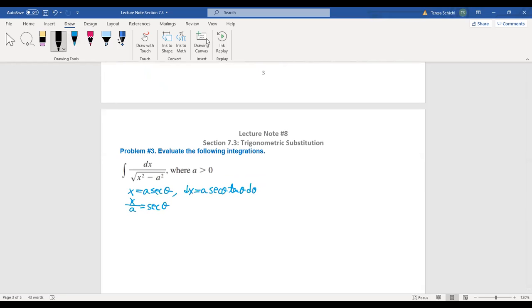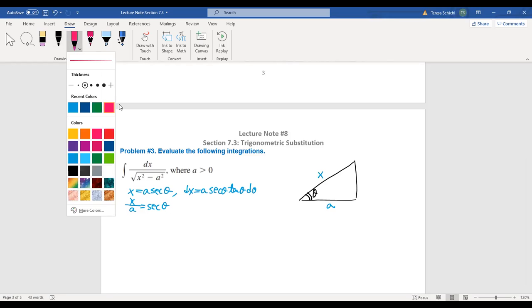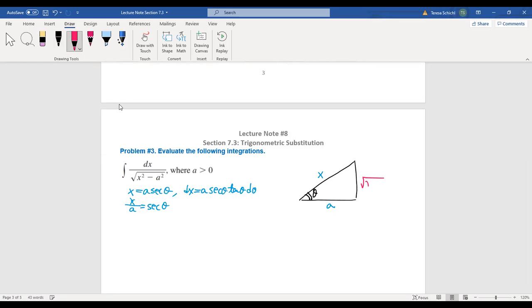Okay, what is the next step? Do a triangle. So this is my angle theta. x equals a secant theta, so secant theta is equal to x over a. Secant is hypotenuse over adjacent, right? So it's x over a, like this. Now by the Pythagorean theorem, what is here? This is the square root of x squared minus a squared, right?